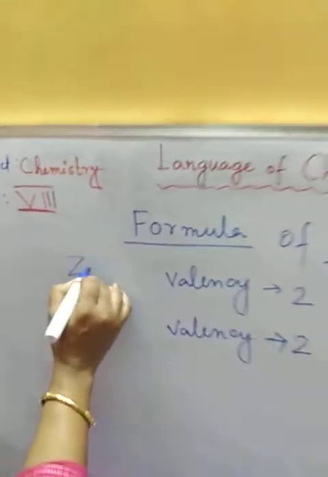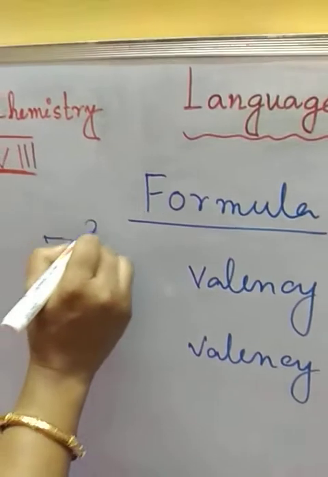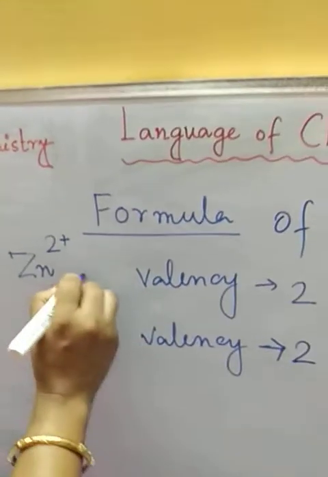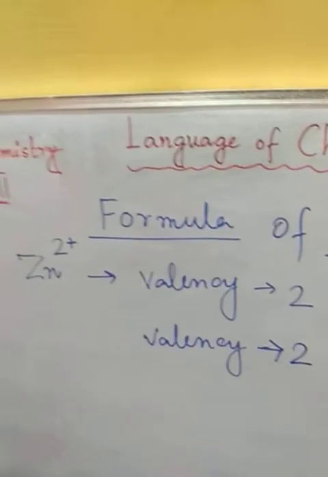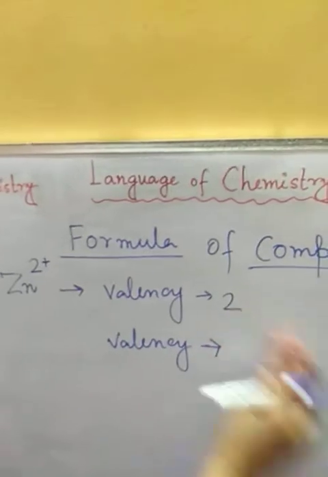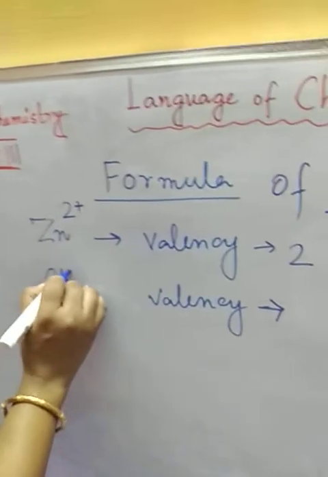Let us take some other element, zinc. Zinc's valency is also 2. So we write the cation as Zn2+, and its valency is 2. And let us take some other radical.